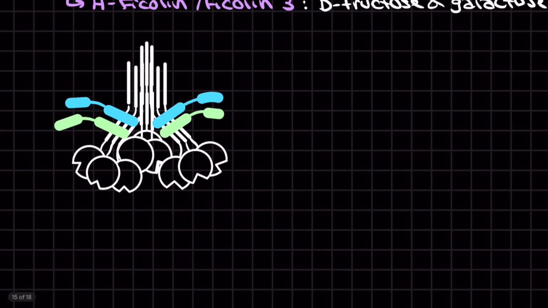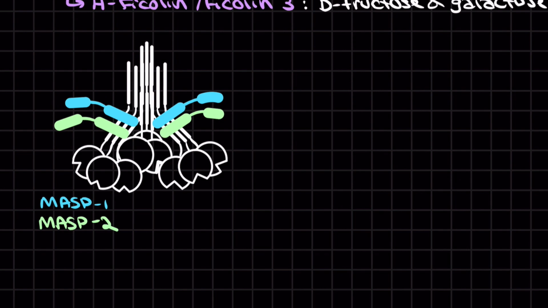This first protein in blue is known as MASP1, and the protein in green is known as MASP2. These are a type of protein called a serine protease, and these are going to be the things that will cut the complement proteins later down the pathway.